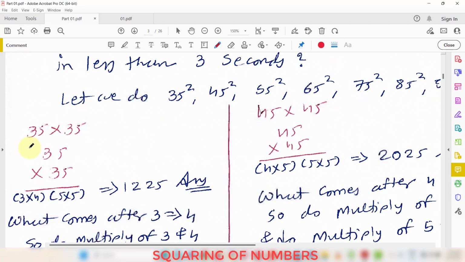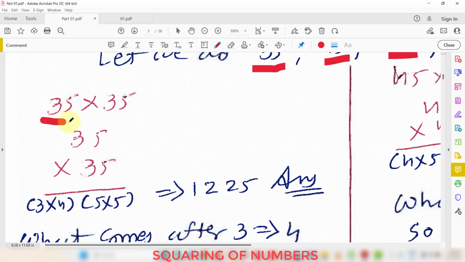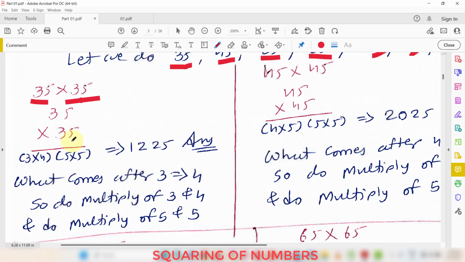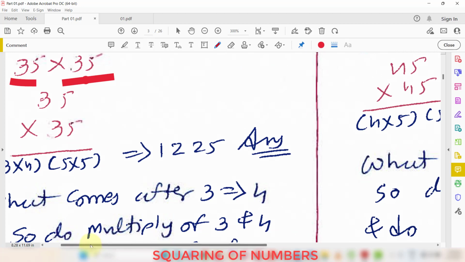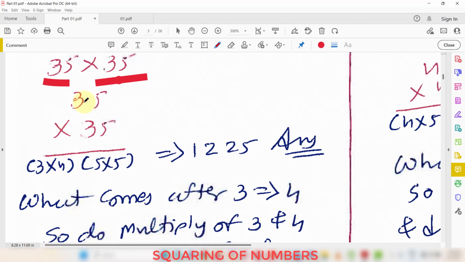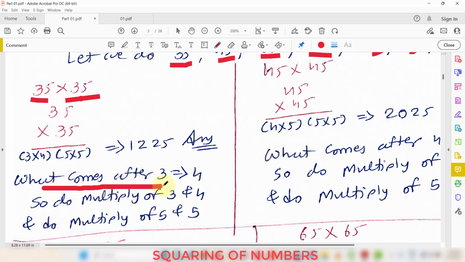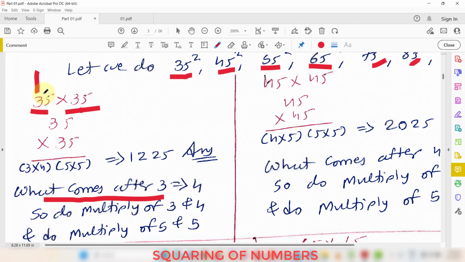So we will take the first example, 35 times 35. You should also write it in your book so that you can have parallel live practice along with the video. So 35 times 35. What comes after 3? What comes after the first digit? Here my first digit is 3, so what comes after 3? That is 4, right?